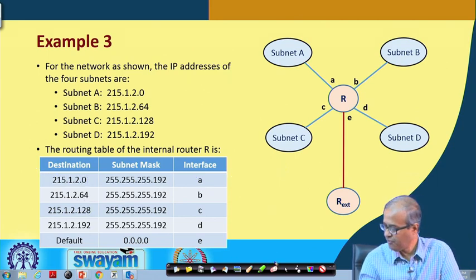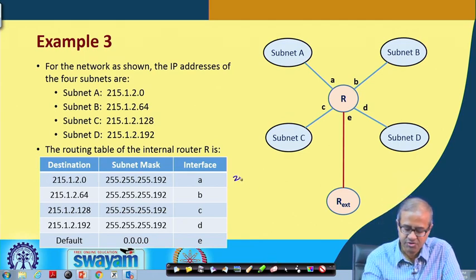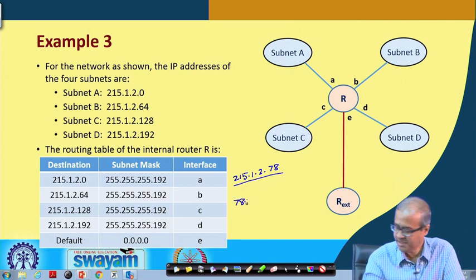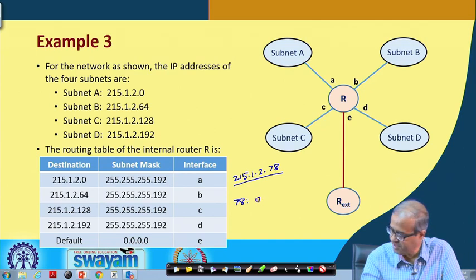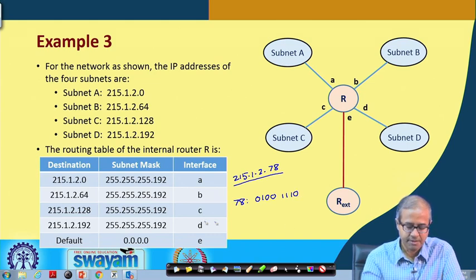Let us look at the second packet now. The second packet had the address 215.1.2.78. Now, what is 78 in binary? 78 in binary is 0 1 0 0 1 1 1 0. If you do a bit by bit ANDing with the mask, again 192 is this, you see this second bit will be 1 and 1, so this bit will be 1, and all the rest will be zeros.